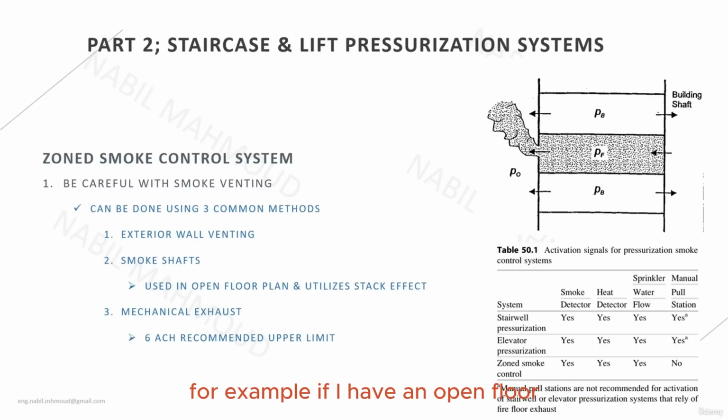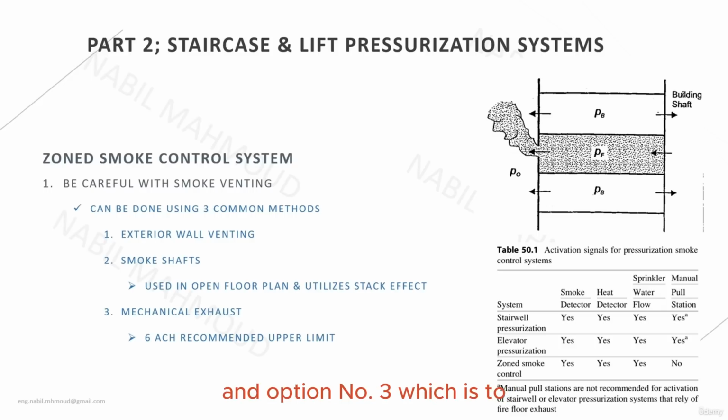For example, if I have an open floor for a factory or an office building, and this open floor has a relatively large horizontal area with no partitions or walls, it might be suitable for application of the smoke shaft concept. The smoke shaft concept is simply that you are creating a shaft to catch the smoke at high level. Due to the buoyancy and the stack effect of the smoke, it will rise up to the high levels, so you can catch it very easily.